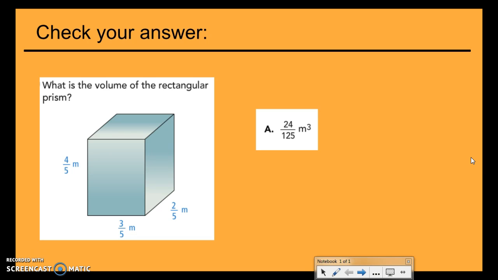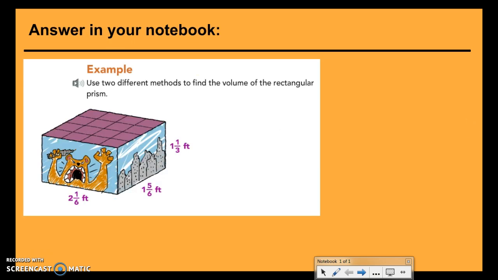Alright, what is the volume of the rectangular prism? So, there's your example we just did. Alright, answer this one in your notebook. I want you to see if you can solve this one before I show you what the answer is. It says to use 2 different methods, but I just want you to choose one of the methods and stick with it.